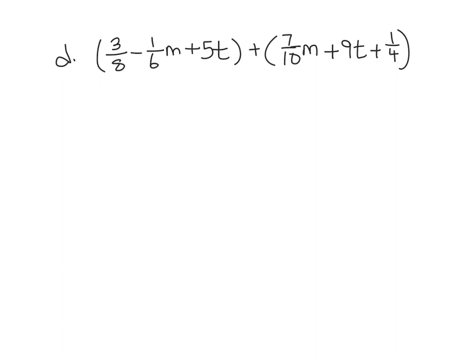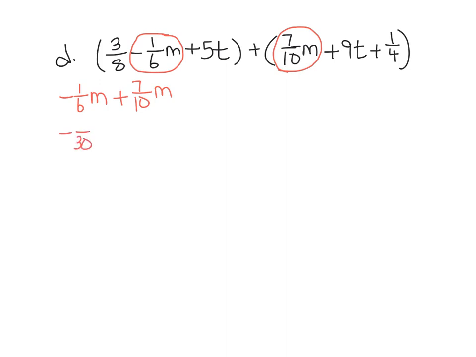Instead, in this one, as I look at what I'm given, I see here is the first variable, and we just need to get a common denominator for a negative 1/6 m plus the 7/10 m. So when we do that, we're just looking for what is the first thing in common with those two. And let's see, we can go to 30ths.